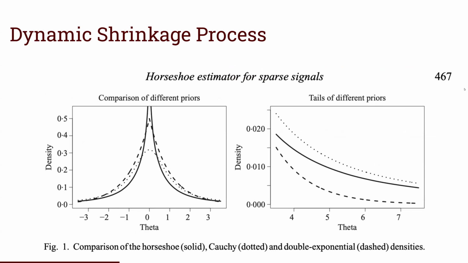Okay, this is just another picture to show a little bit more about horseshoes. Again, in the Bayesian literature, you want to think about normal Gaussian tails. If I put a Gaussian distribution on a parameter, I can go pretty far from the mean. If we look at these tails, just focus on the solid black line, that is the horseshoe.